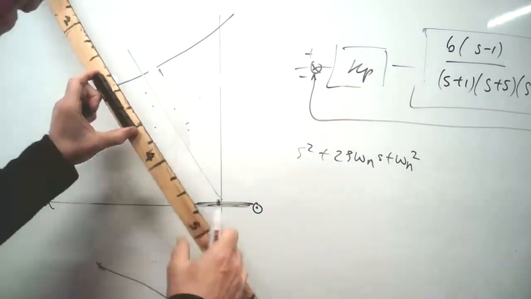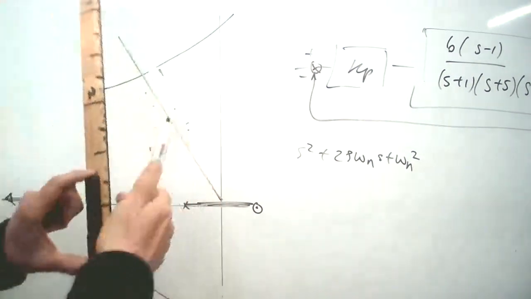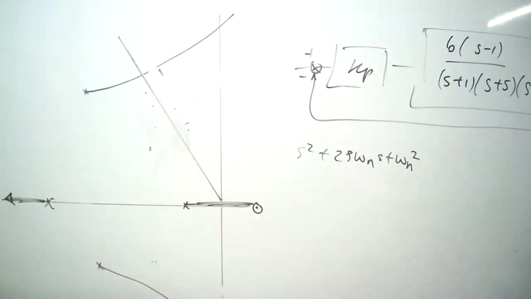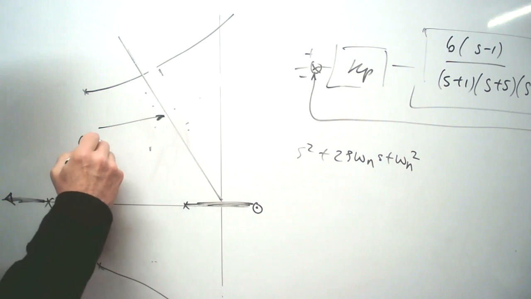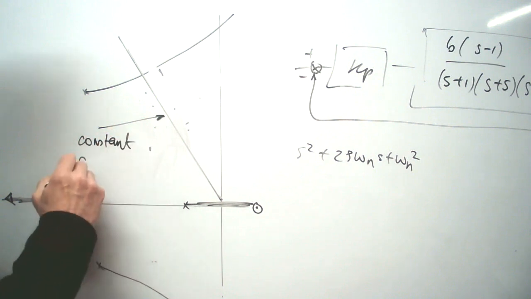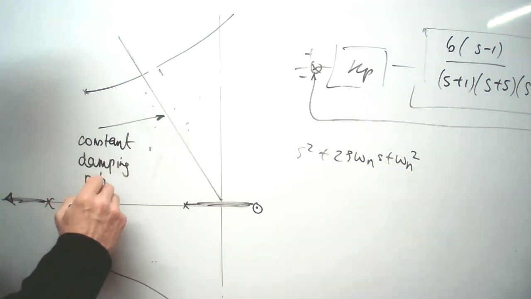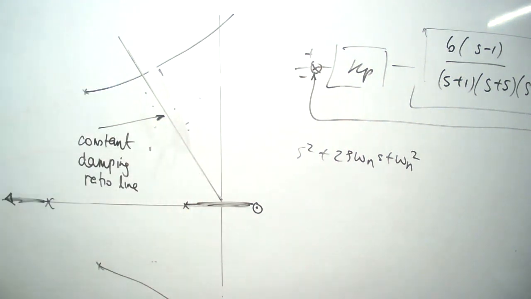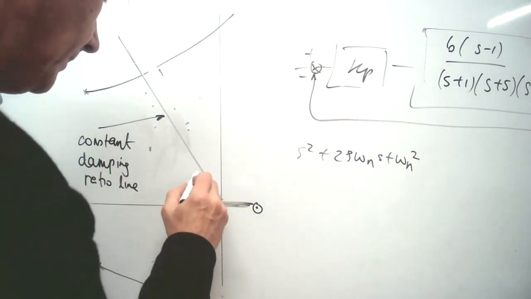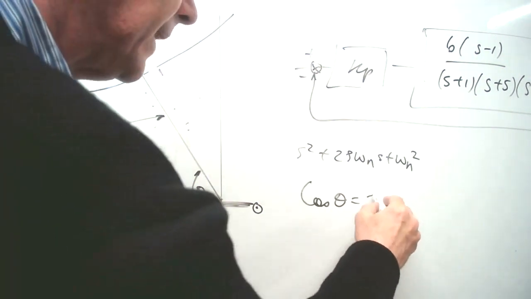This line here is called a constant damping ratio line, and if we call that angle there theta, then cos theta is equal to the damping ratio.